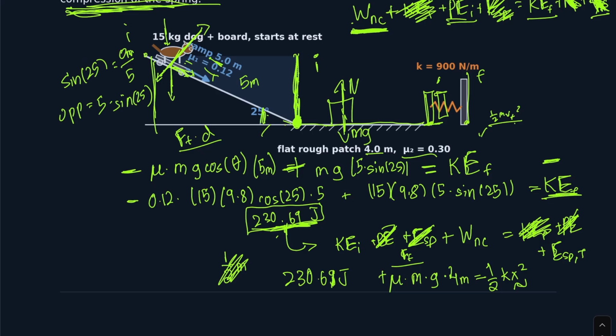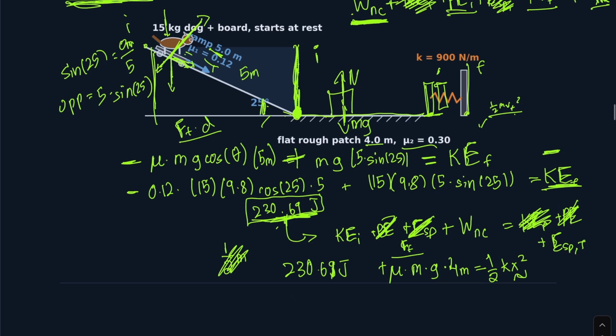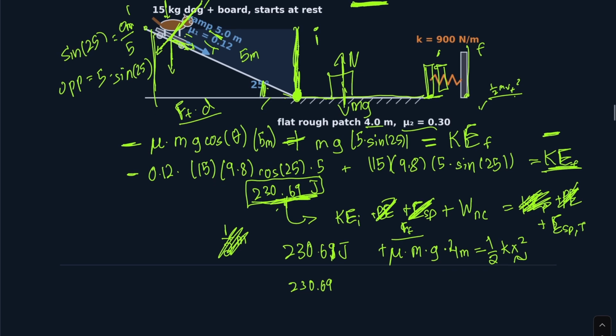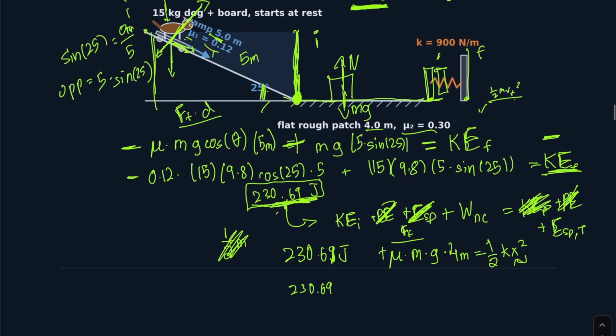So if you continue solving this, you should get 230.69. I'm just going to scroll a bit up because I don't have much space here. Plus mu, which is our new mu of 0.3, times m, which is our mass, 15 kgs, times 9.8, times 4, and then the whole thing times 2 is equal to kx squared.